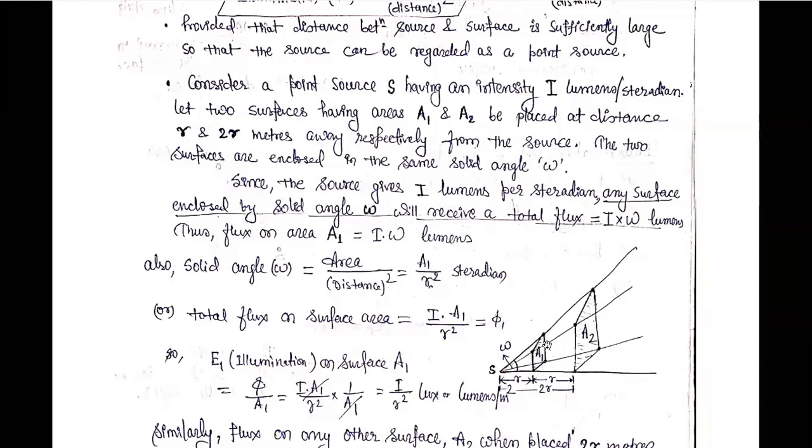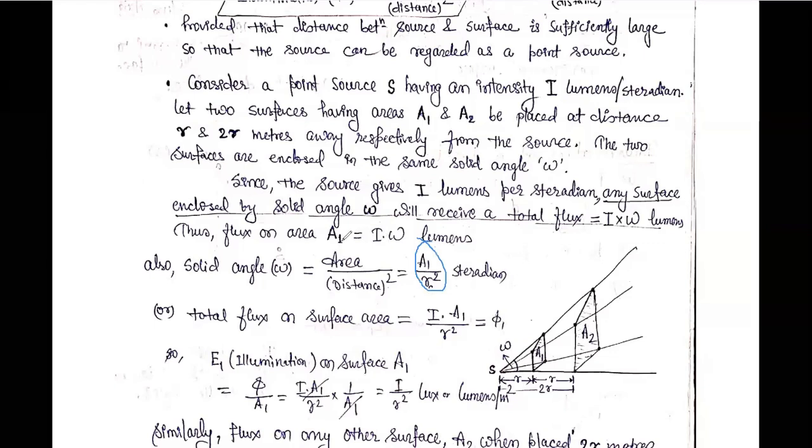Total flux on the area A1 is equal to I into omega, this much lumen. Simple formula, I into omega, and the solid angle will be equal to the area divided by the distance square. If area is A1 and the distance is R, so solid angle omega in this case will be A1 divided by R square.